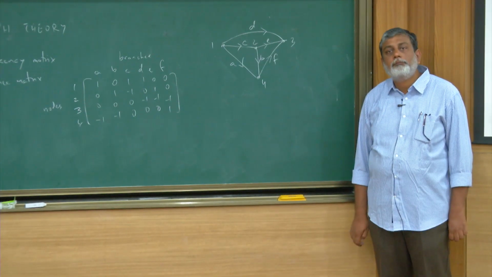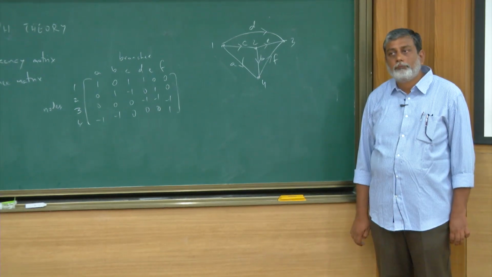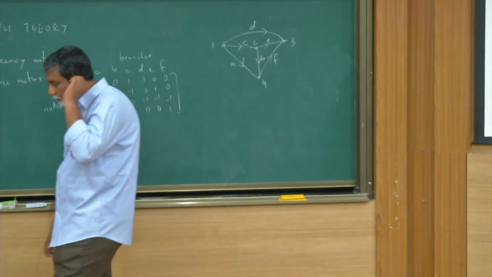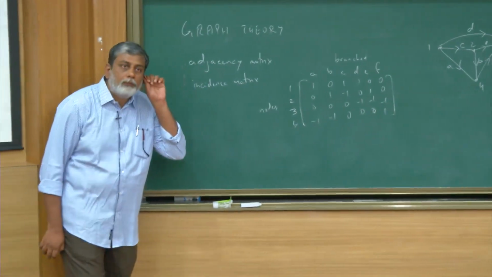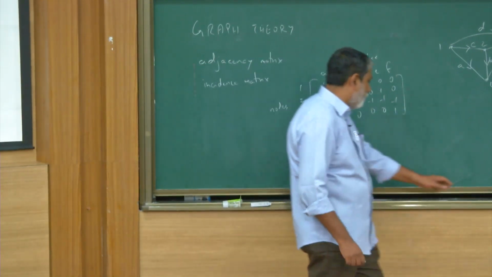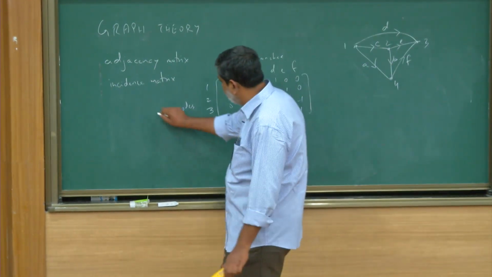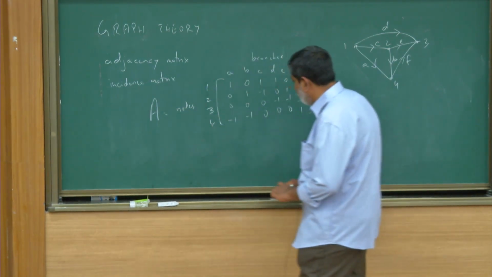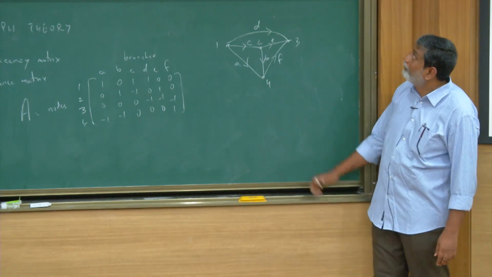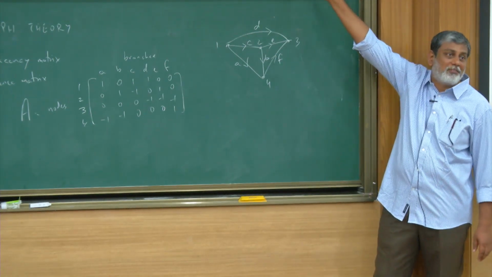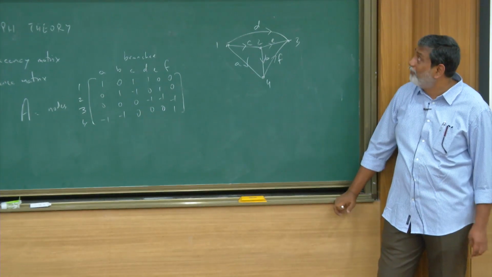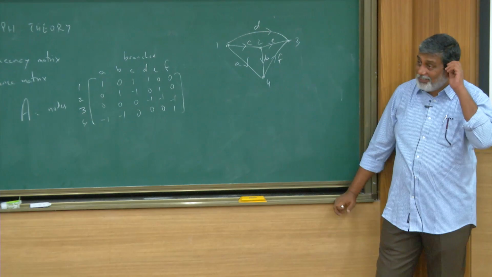Is this clear? So we have this matrix A, which is the adjacency matrix. And from whatever we have discussed, there are 4 subspaces you can associate: image of A, kernel of A, image of A transpose, kernel of A transpose.